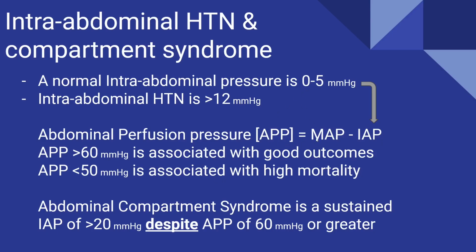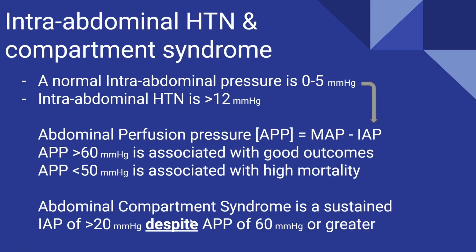So if we know our normal MAP and we subtract our current intra-abdominal pressure, we would start to look at what our patient is presenting with. Anything over 60 is associated with good outcomes, right? If your MAP is 65 and you have an intra-abdominal pressure of 5, then anything over 60 is good. Anything lower than that is associated with a lot higher mortality, especially anything that is sustained over 20.